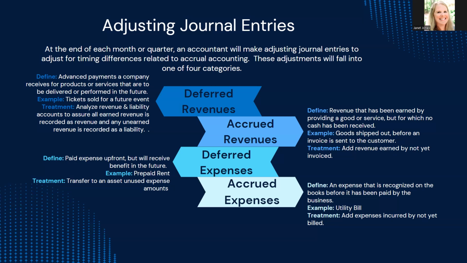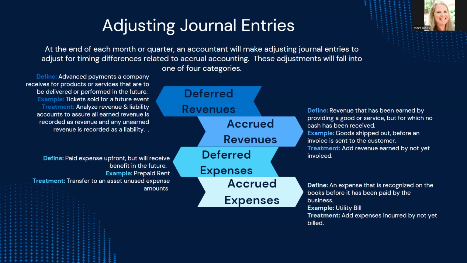Then we could have deferred expenses. With a deferred expense, the cash is being paid up front, but we're not going to necessarily use that expense up front. It's going to give us some future benefits. Prepaid rent is an example of that.